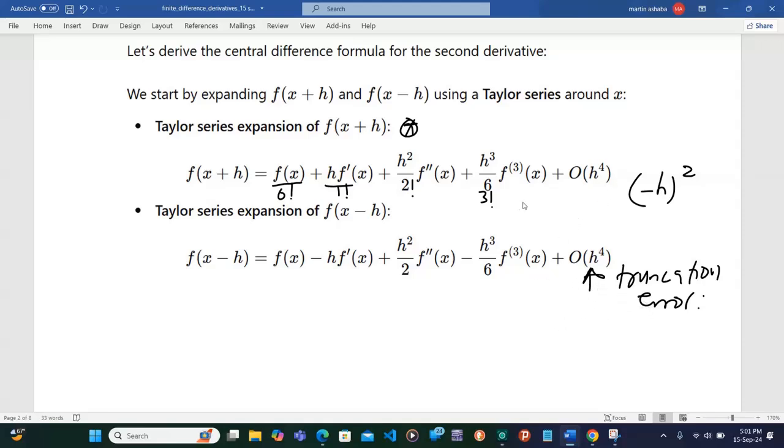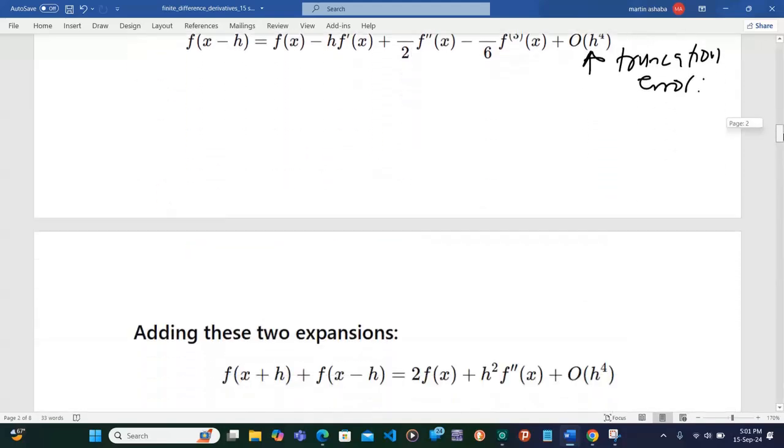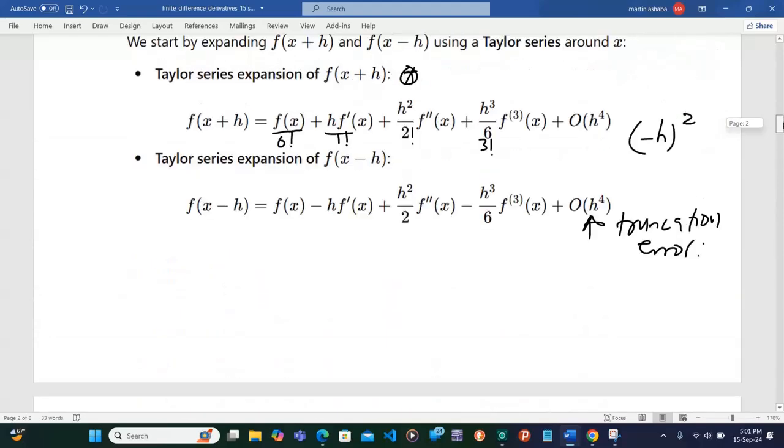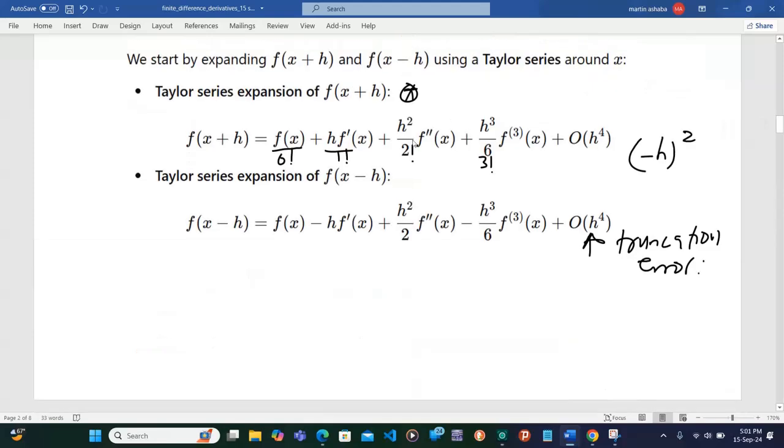So now, if you wanted the second derivative of the function, you already see it in this. Let me call it equation 1. This is equation 2. So you already see it here, and you already see it here.